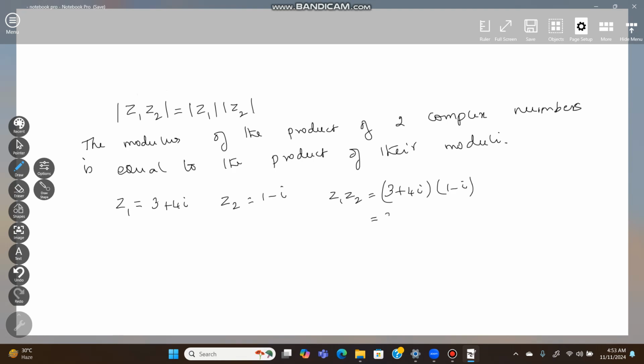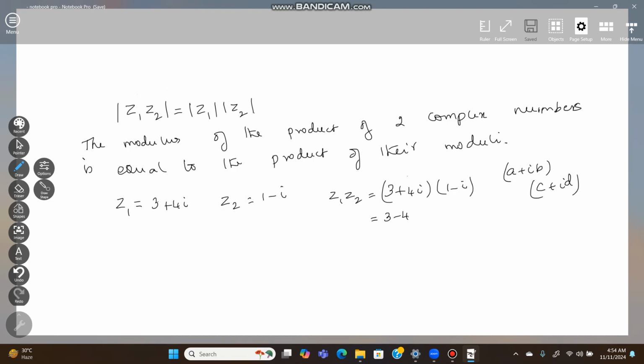When you multiply two complex numbers a plus ib and c plus id, the real part is ac minus bd, because ib times id will be i square times bd, which is minus bd.